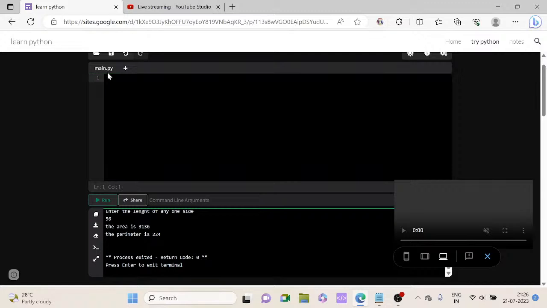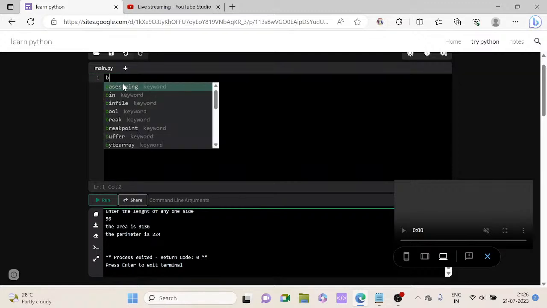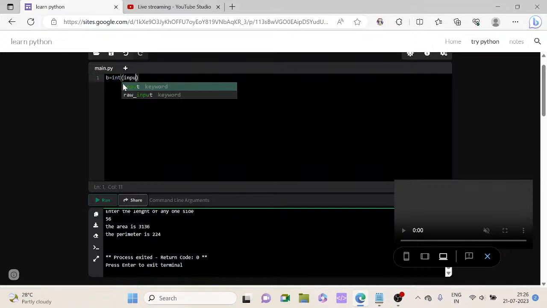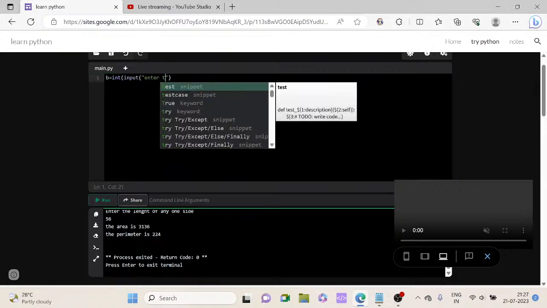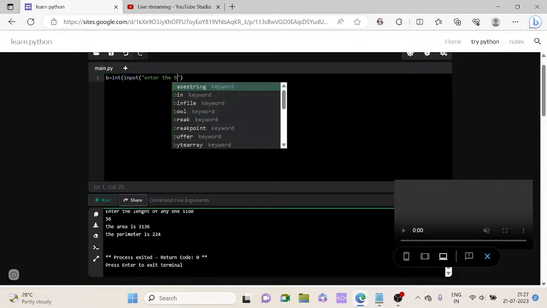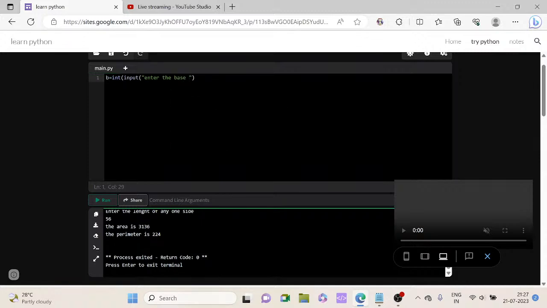So first thing is the base. So b is equal to int, bracket, input, then bracket, then inside that bracket, enter the base.